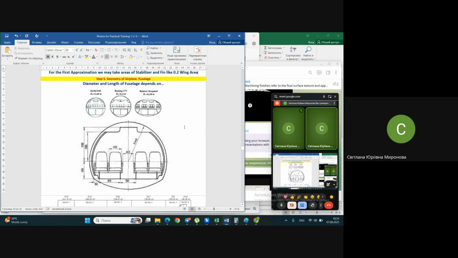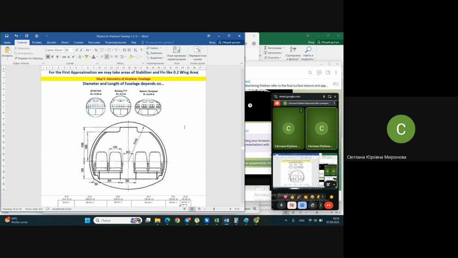First, I have decided finally, during this pause, that everyone will do a passenger plane, because otherwise I would have to explain additionally how to compose a cargo plane cabin.